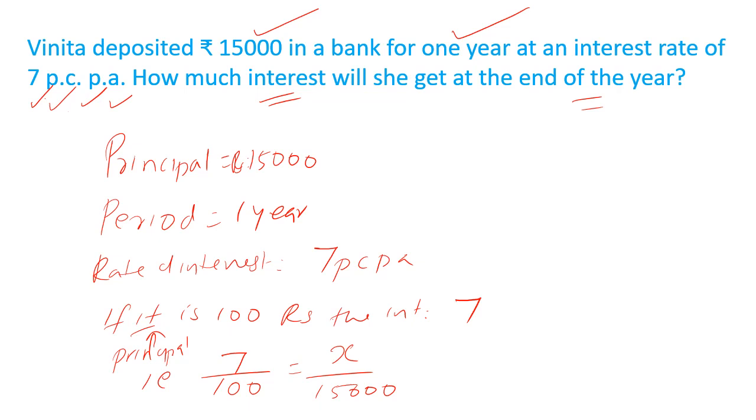That means X upon 15,000 is equal to 7 upon 100. From that we will calculate how much Vinita will get.